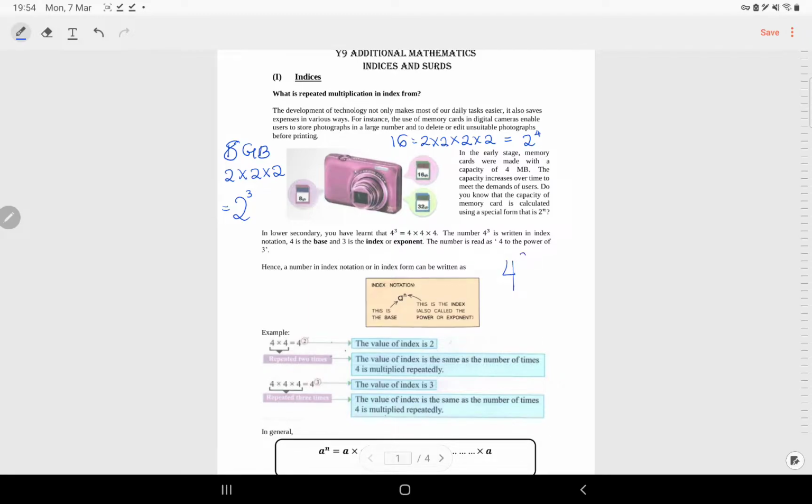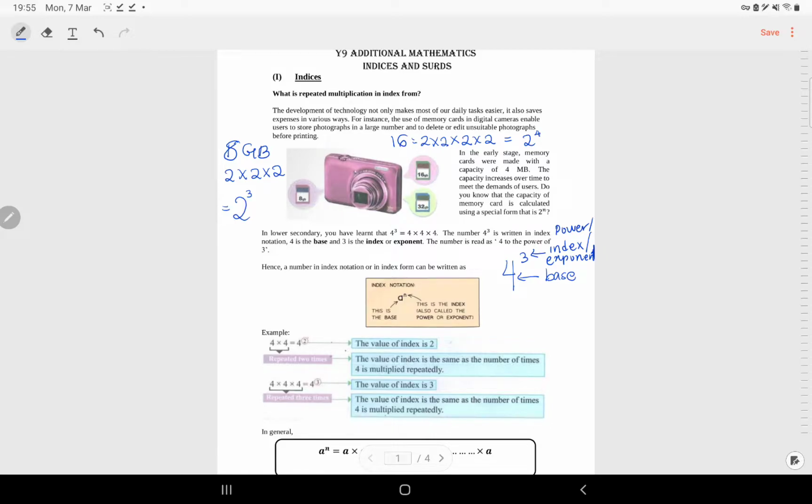The power here, we call it index or power, or we also call it exponent. Americans use exponent, but we follow the British syllabus, so we use index, and our common term is power. We read 4 to the power 3 as 4 to the power of 3.